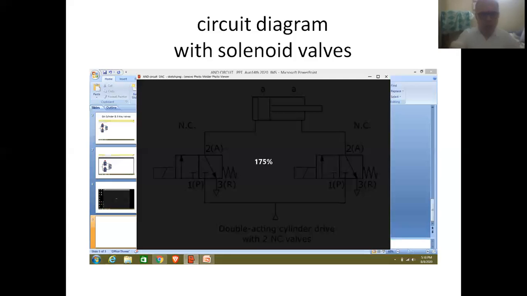Now, the solenoids shown in the figure are referred to as pull type solenoids. As the name itself implies, if you switch on the solenoid, it will pull the plunger in the reverse direction. Therefore, the valve will come to the first position.